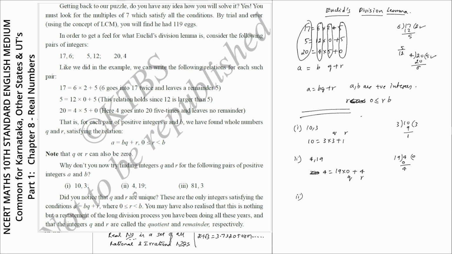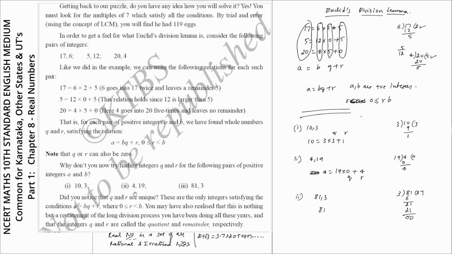Now the next sub question. They have given 81, 3. If I divide 81 by 3, 3 2s are 6, 2, I'll take 1. Now 3 7s are 21, right? 3 7s are 21, and I'll get remainder 0.